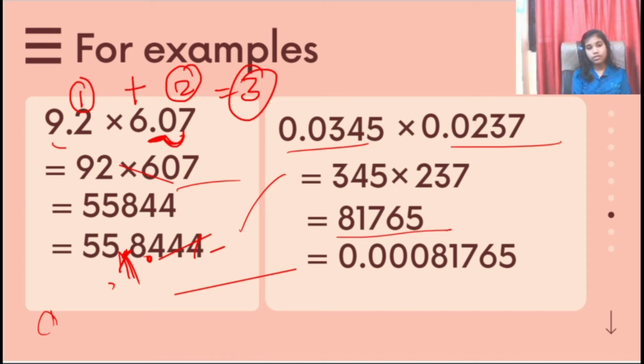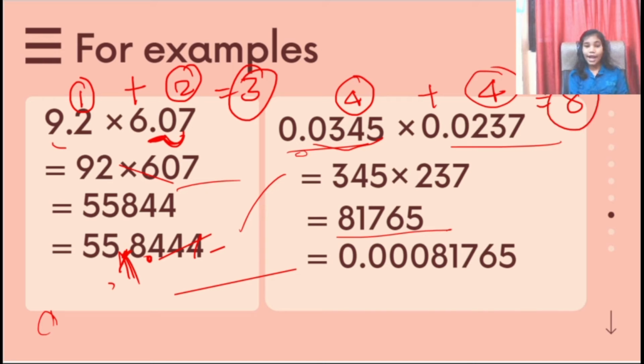Now take both decimal numbers. In the first number there are 4 places after the decimal point, so we write 4. In the second there are also 4 places. Now add them: 4 plus 4 equals 8, so 8 places should be after the decimal point.